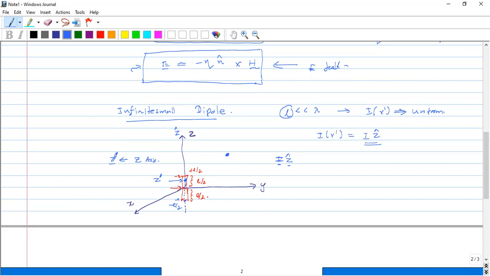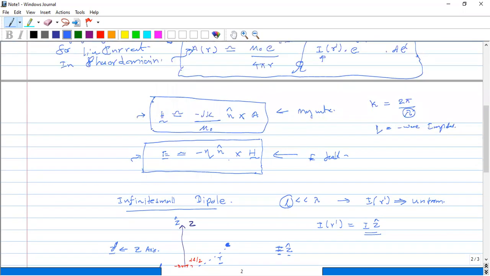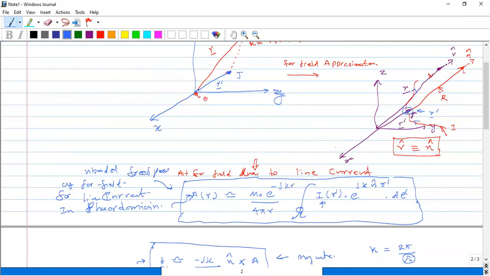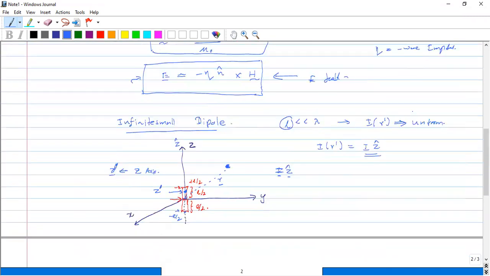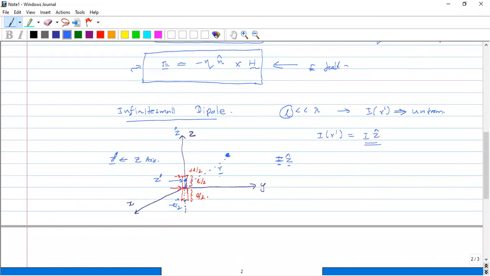That point from the origin is referred to as R, the position vector, previously defined as R bar. So here also that position we defined as R bar. Now you are going to find the magnetic vector potential here.